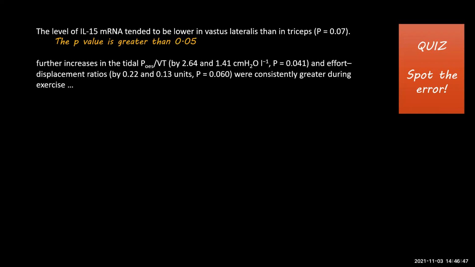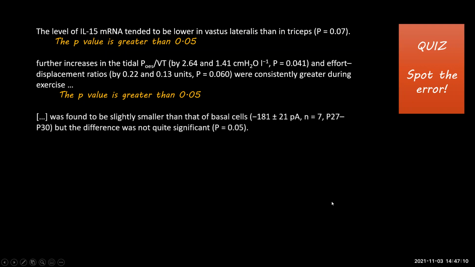Too high. Very good. So yes, in the second part, the p-value is 0.06. So you cannot use things like 'consistently greater', because this is very much due to chance. It is very much possible that this is a random variation. What about this one?